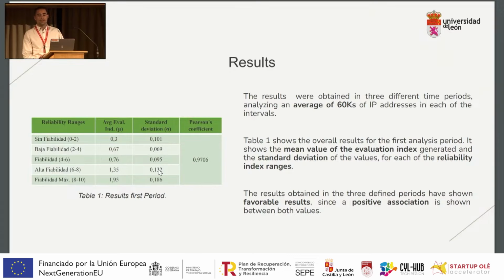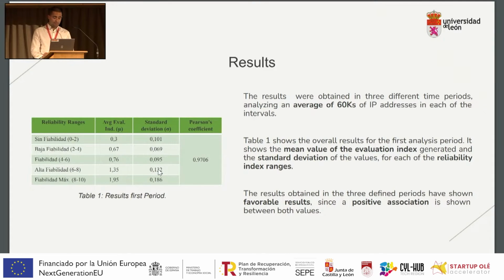The results we obtained are from three different periods, each of them one week in duration. We analyzed around 60,000 IP addresses in each period. In order to validate our system, we use one public reputation list, which contains a reliability index, which we take to compare our evaluation index with the reliability ranges of this list.